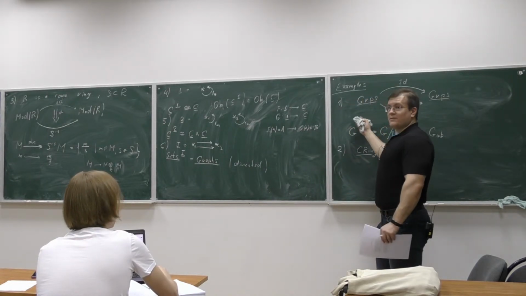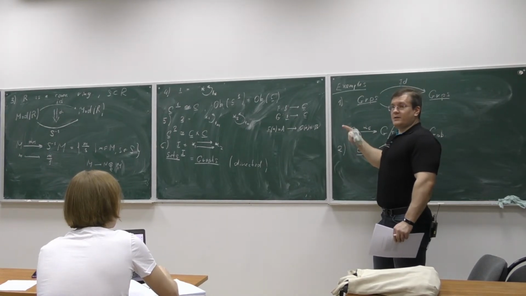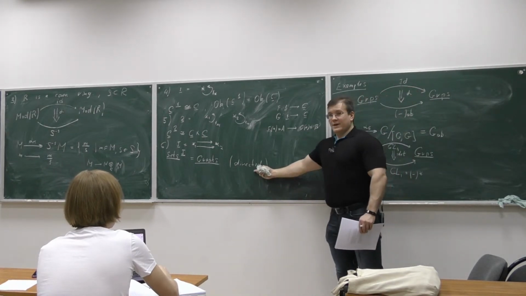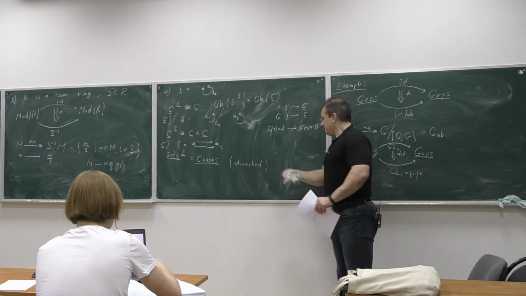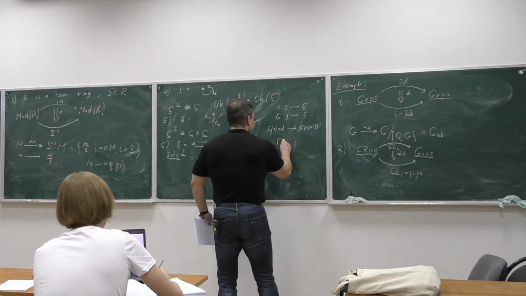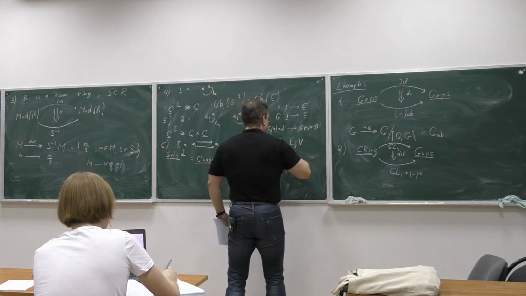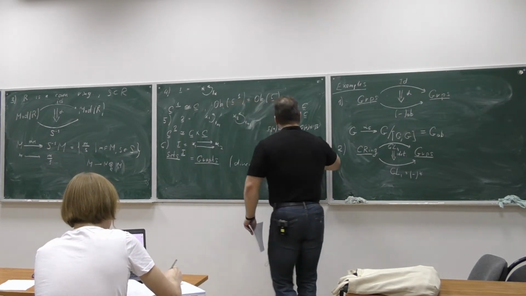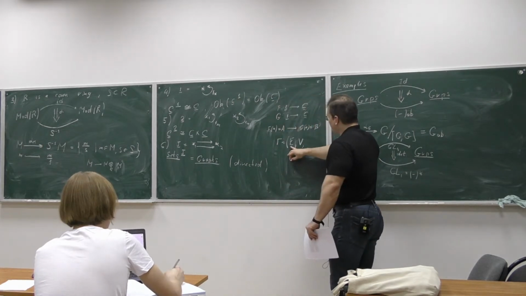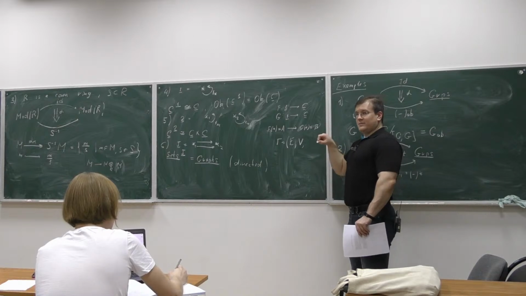What's a graph? A graph is two sets, a set of vertices and a set of edges, right? A directed graph. For any graph gamma, you have a set of edges and vertices, and whenever you have an edge, you can compute two vertices, the beginning and the end.